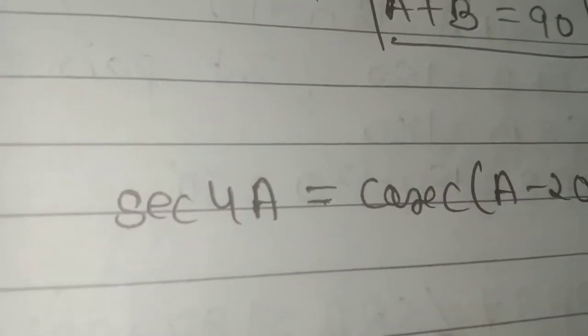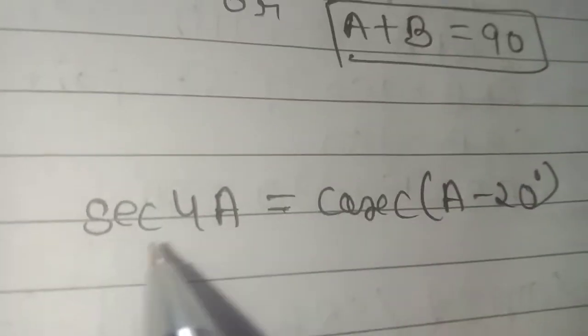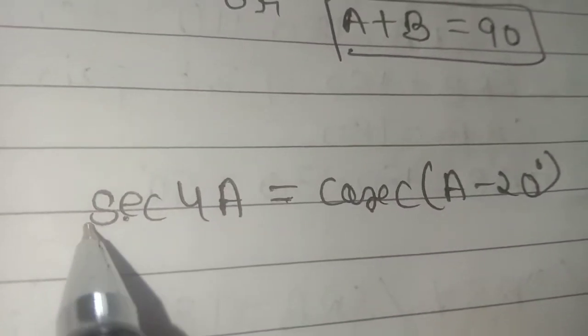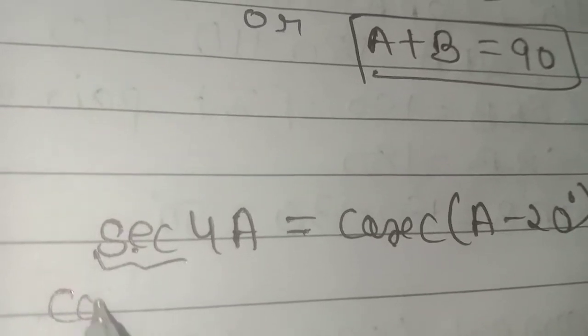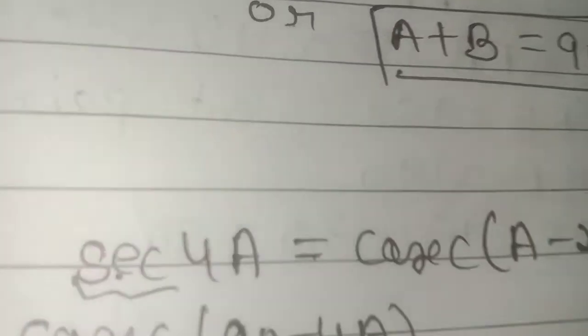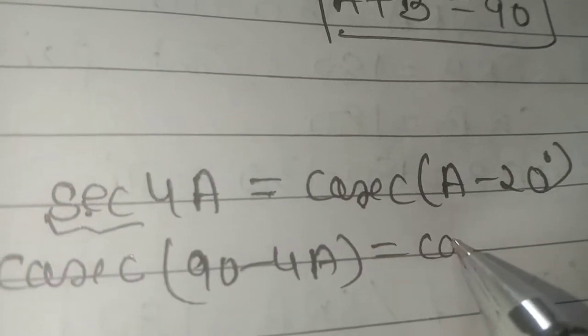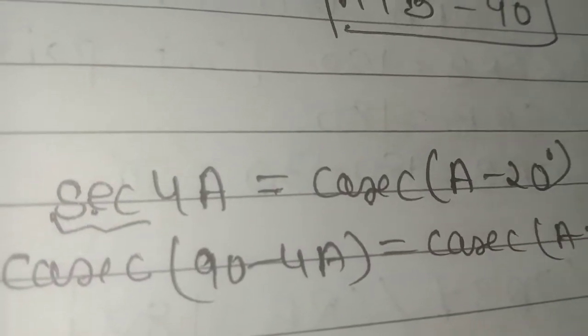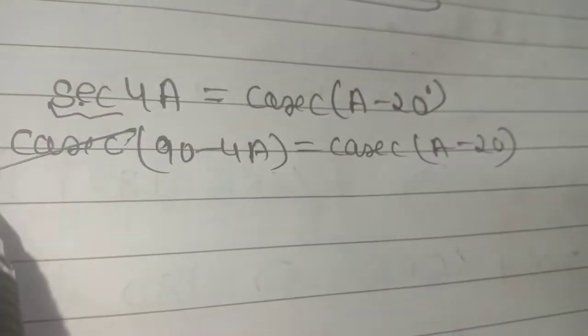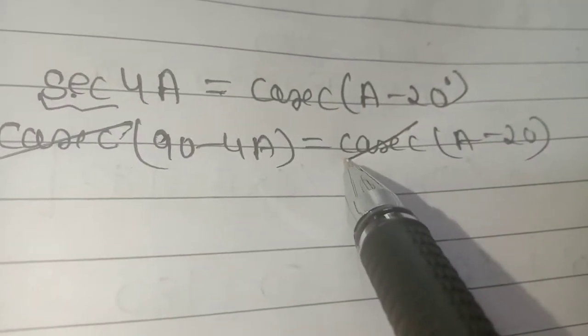Now once again we have just to think about the formula. It is sec 4A and it is cosec (A minus 20). I will replace sec by what? Cosec. Cosec (90 minus 4A) is equal to cosec (A minus 20). Now what I will do then, I will cancel cosec and cosec. Clear?